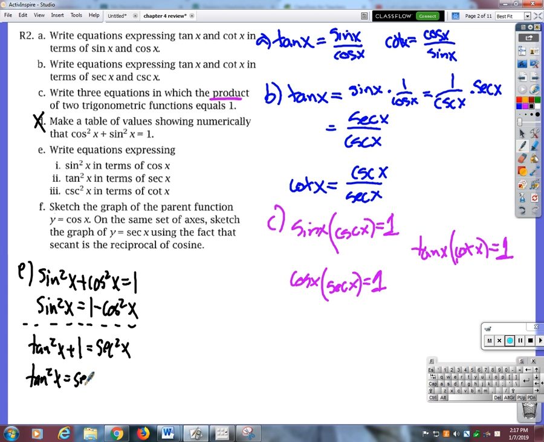So for this one, all I have to do is subtract 1 from both sides. And then for the last one, I want cosecant squared in terms of cotangent. So what's my cosecant squared? 1 plus cotangent squared equals cosecant squared. So we have that.